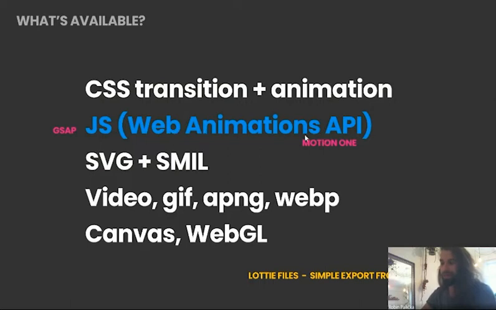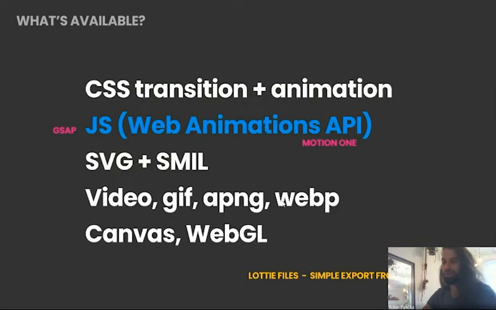And another thing is Lottie Files. And I guess for the animation I showed you at the beginning, this is the best way, because with GSAP or Motion One, you are still a programmer. If you would like to create some nice animations, you need to manually program it, but that's not fast enough.